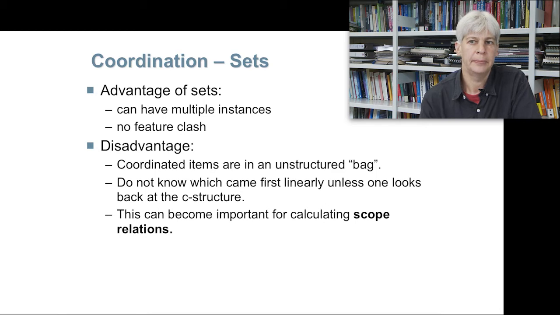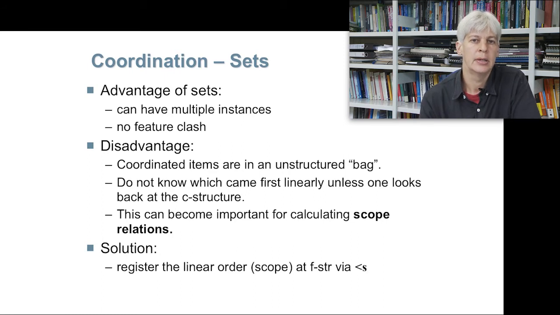So you don't necessarily want to do it all the time, but it can become important to know which one came first for scope relations if you're trying to do semantic analysis. So the solution within XLE has been to register the linear order, or scope, you can think of it as scope, at F structure via this little notation here, this less than, and then S stands for scope.